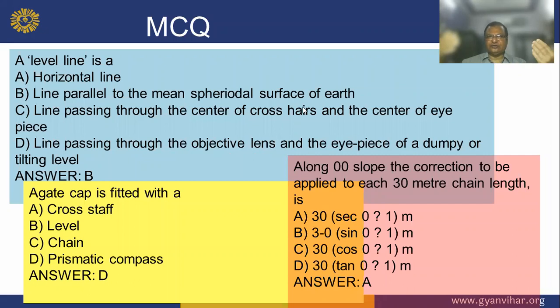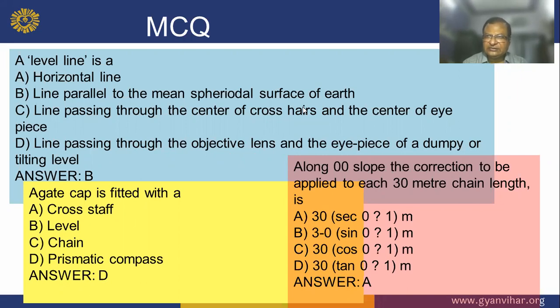And the next question: a level line is a horizontal line and parallel to the mean spherical surface of the Earth. So which is the correct answer? The answer is B, a line parallel to the mean spherical surface of the Earth.